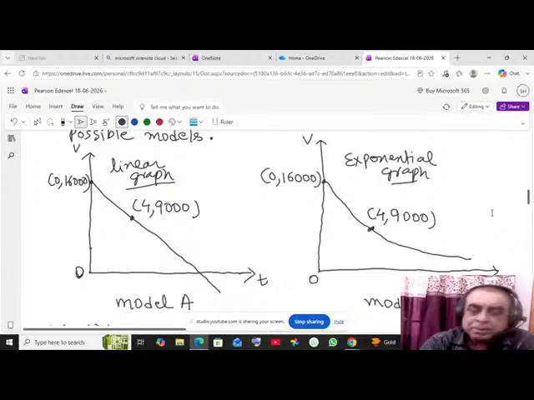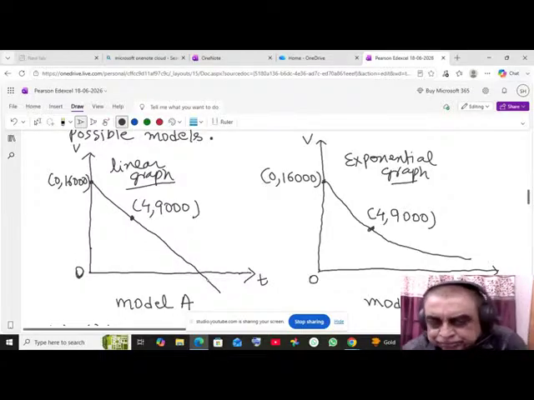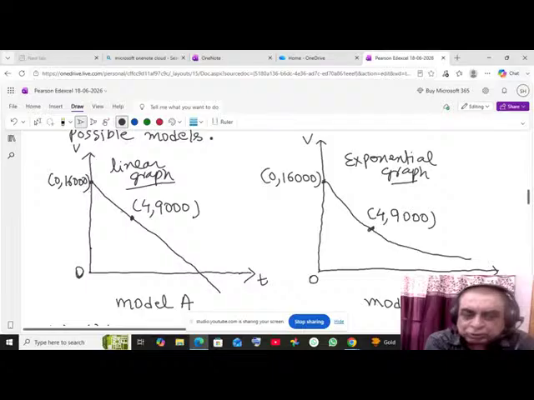Now see here, model A is a linear graph, a straight line graph. So we will find the equation of this straight line graph. There are 2 points given on this linear graph.